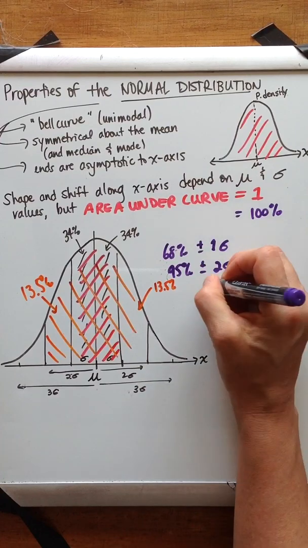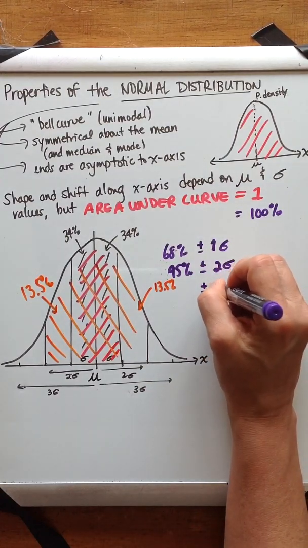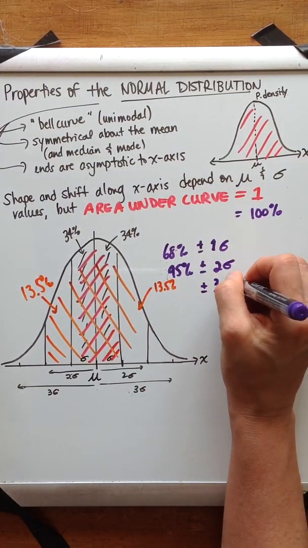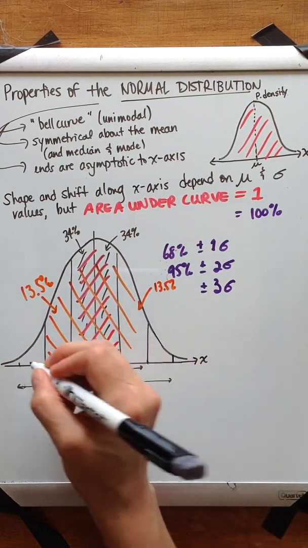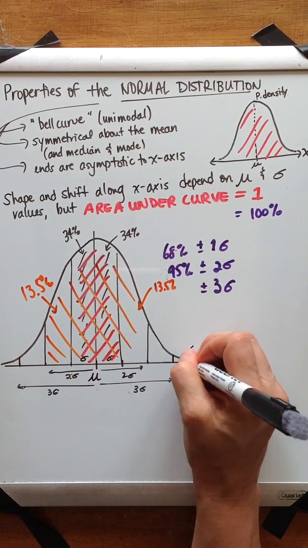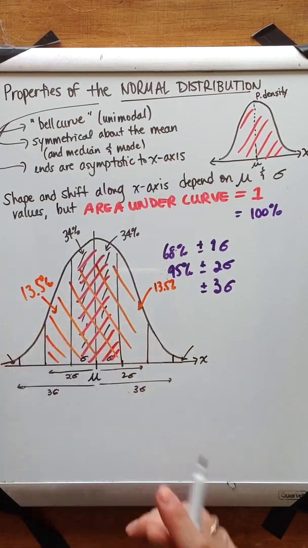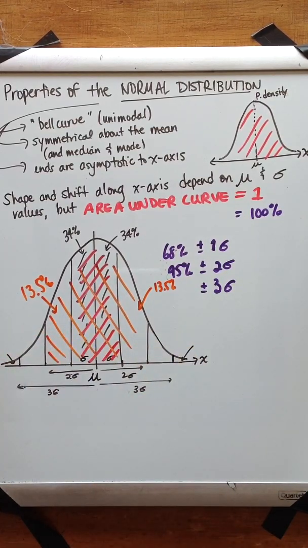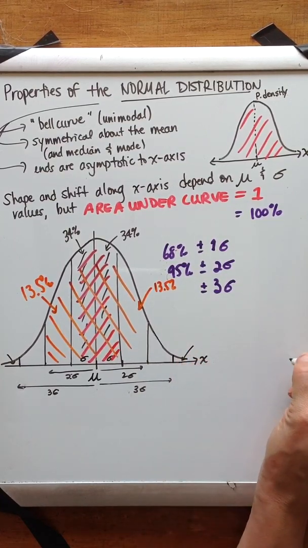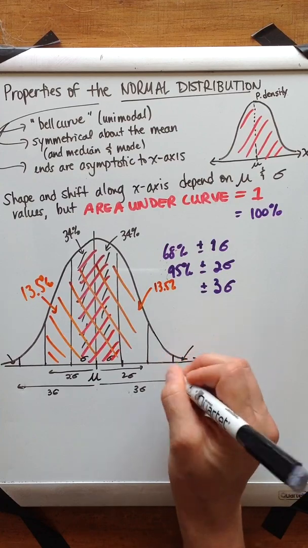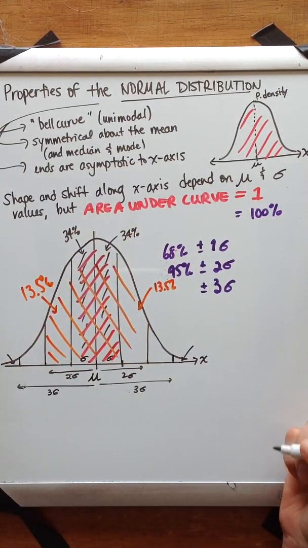And you can take this one step further. If you look at the area under the curve within 3 standard deviations of the mean, you can see that there's just this tiny little tail left that's not going to be included under the area of the curve, right? And it's going to go on and on and on until it almost touches. It's such a small, small fraction of the entire area of the curve.